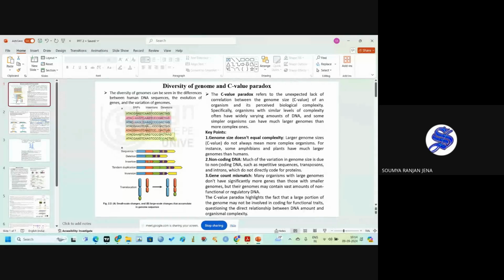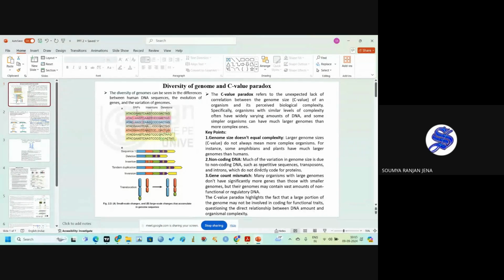Then if we go to the non-coding DNA, as we described in the previous class, this non-coding DNA includes introns, parts of genes. Then much of the variation in genome size is due to the non-coding DNA, which, for example, as we discussed, includes introns, repetitive sequences, and transposons.